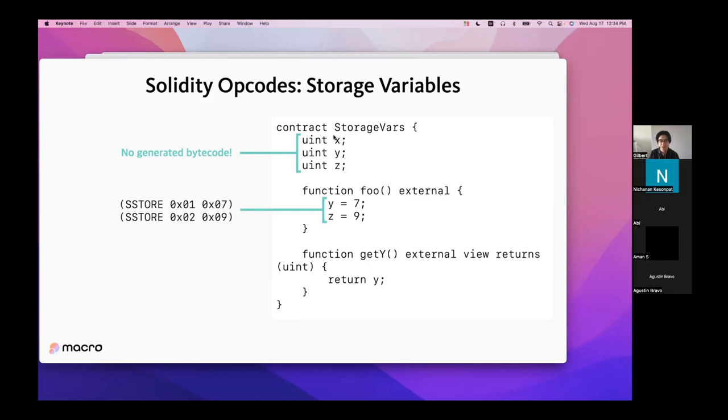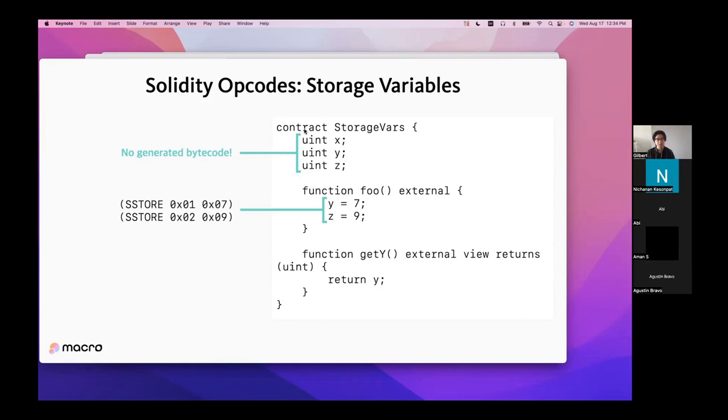So according to Solidity, X has the key 0, Y has the key 1, Z has the key 2, and that'll just keep going for all your contract variables. So that's why here, Solidity is storing 7 into the key 1. And here, Z is assigned 2. It's because of the order of your storage variables.